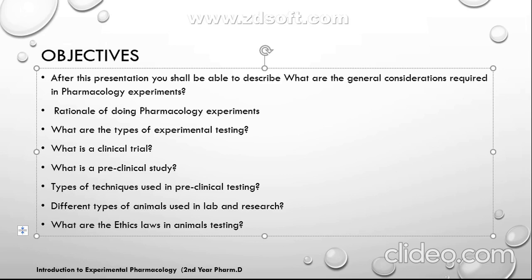You should also be able to understand what is a clinical trial, what is a preclinical testing or study, what are the types of technique used in preclinical testing, what are the different types of animals used in lab and research, and the regulations and ethics and laws in animal testing required in experimental pharmacology.